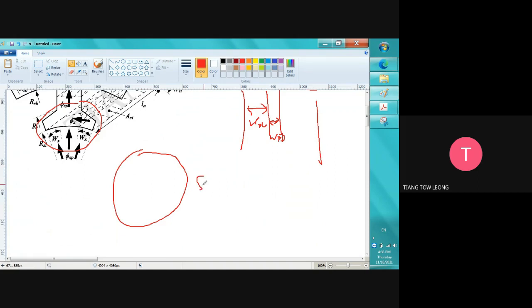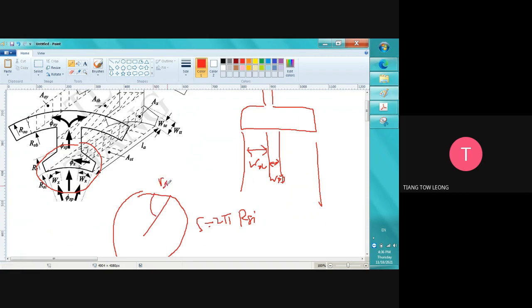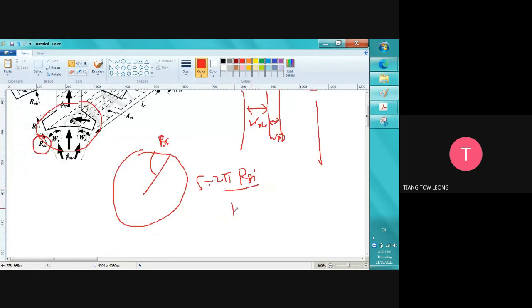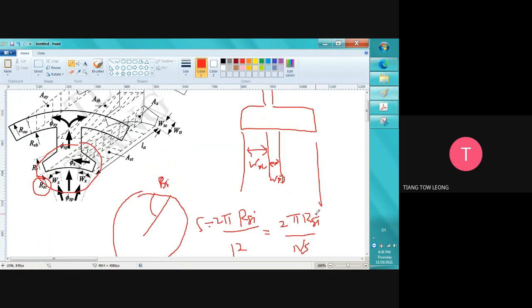the circumference S equals 2 pi RSI. This is RSI. Then we want to divide by how many slots? We have 12 slots, so we divide by 12, which means 2 pi RSI divided by the number of slots. And then this length will be the total length here.